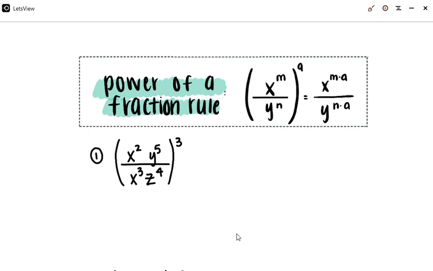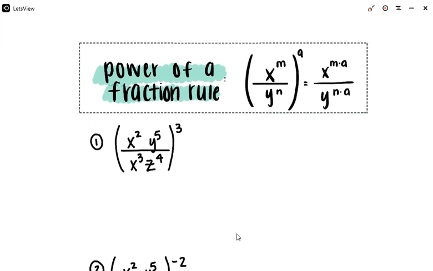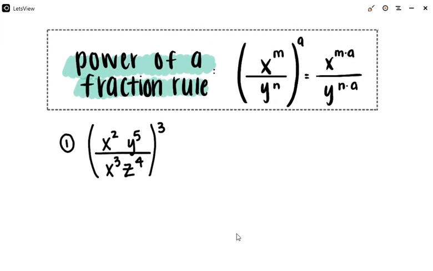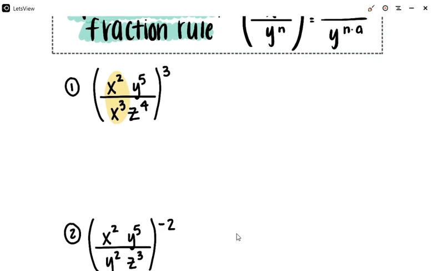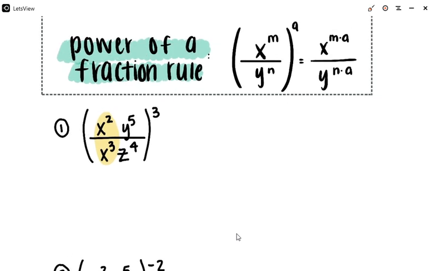So in this example, we are going to throw it back to our last video talking about our division rule. So I would want to simplify the inside first, then we can go ahead and apply that outside power. Remember, when we have the same base, we're going to subtract.